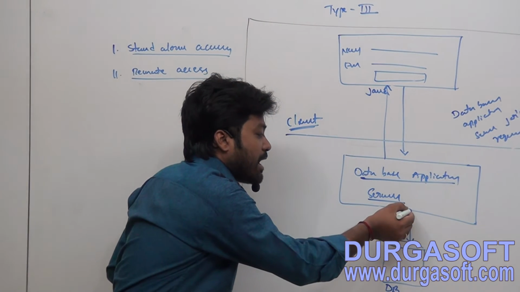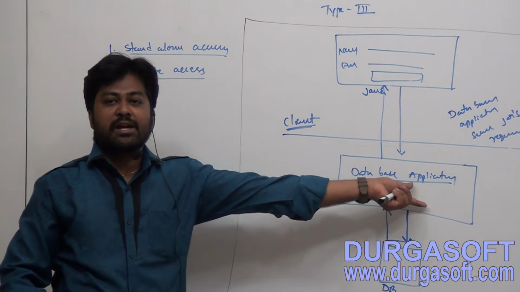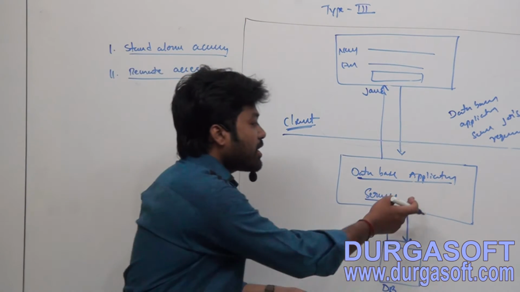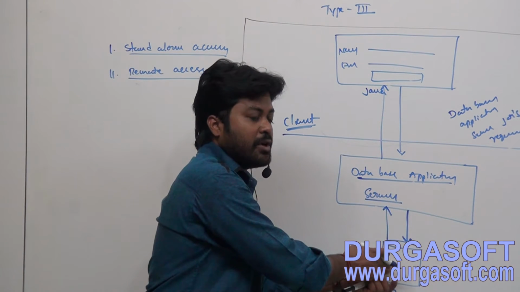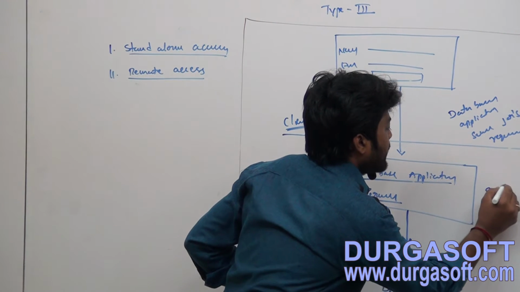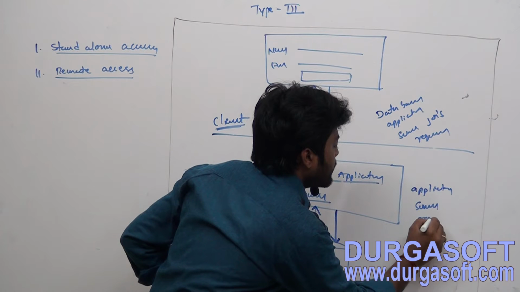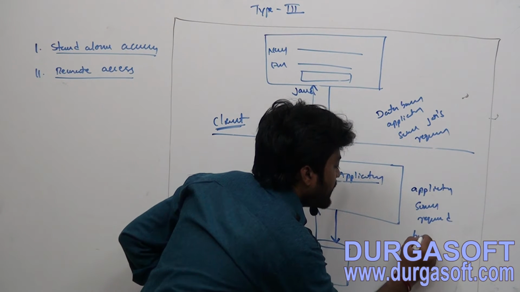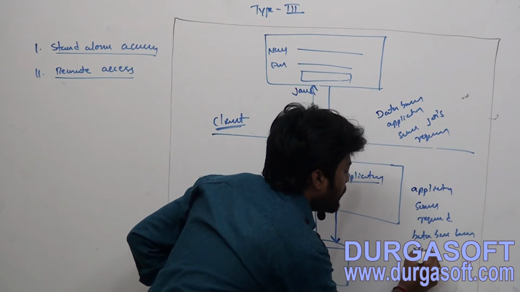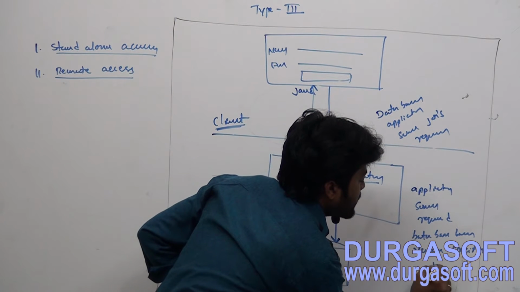Then this database application server will make calls on the database. So again this database application server has a dependency. Which dependency does it have? Again it requires database functions. So this application server requires database vendor specific jars.